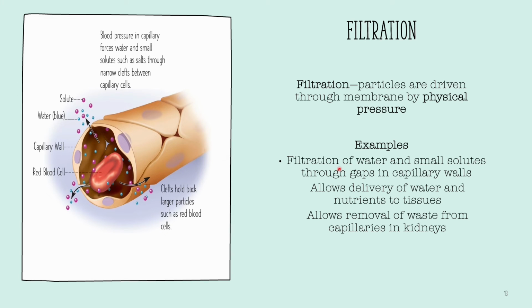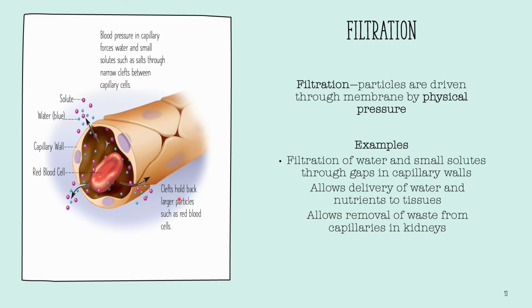With this, okay, so filtration of water and small solutes here, they go through the gaps in the capillary walls. This allows water and nutrients to be delivered to the tissues, and it also removes waste from the capillaries in the kidneys.